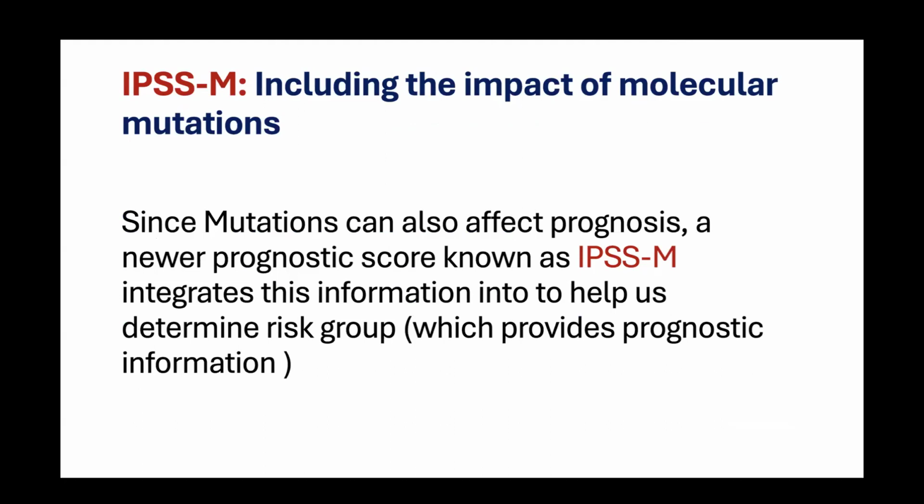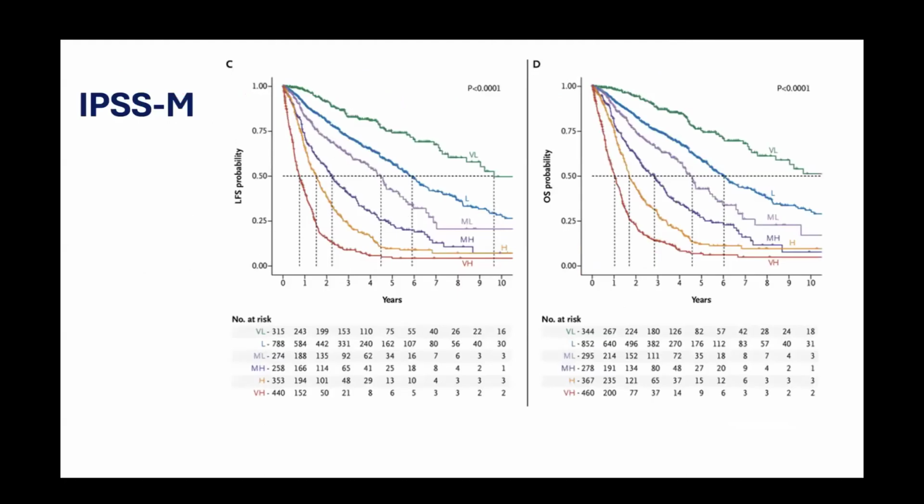But the most recent iteration of a risk stratifying score has been the IPSS-M, or the International Prognostic Scoring System, which includes molecular. And this type of scoring system includes 31 genes and integrates the information using those genes to determine the risk group. So what did that actually mean?